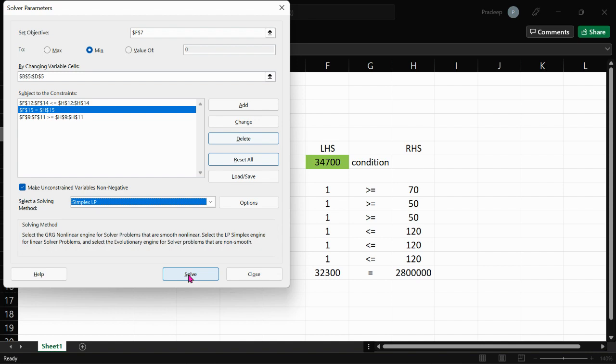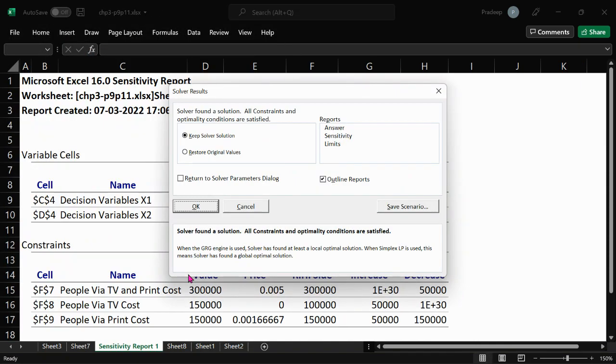So now I go for solving it. I hope you are ready. Solve. Solver found a solution. All constraints and optimality conditions are satisfied. Good news. So I go for sensitivity analysis and say okay.